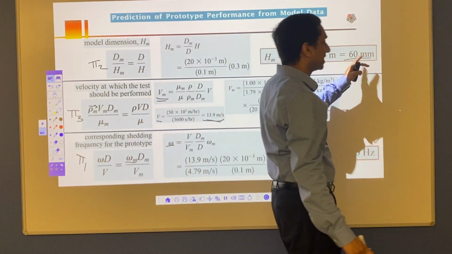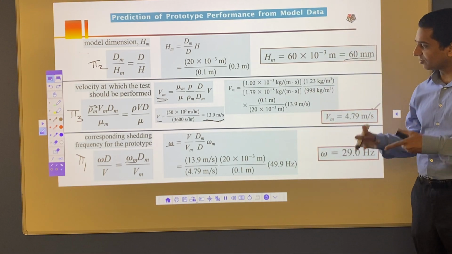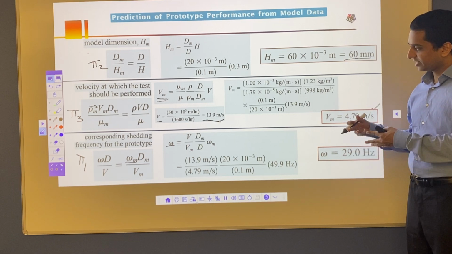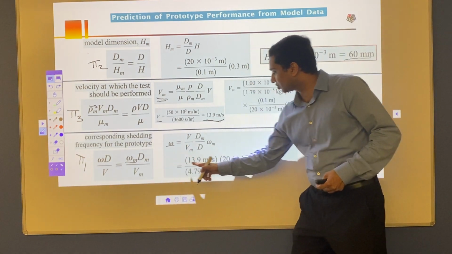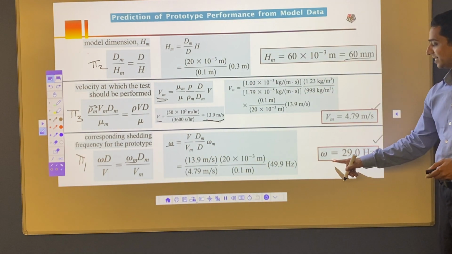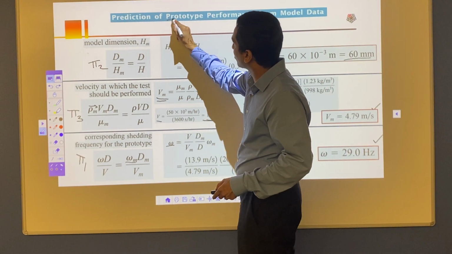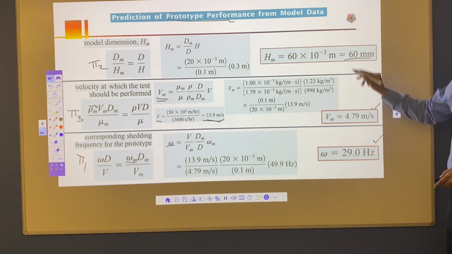First, of course, you need to get dimensions right, then you get testing conditions right, and whatever results you get from testing, you have to convert them into prototype results with this pi 1 term. That's the objective, that's how I predict my prototype will behave with 29 hertz frequency from model data.